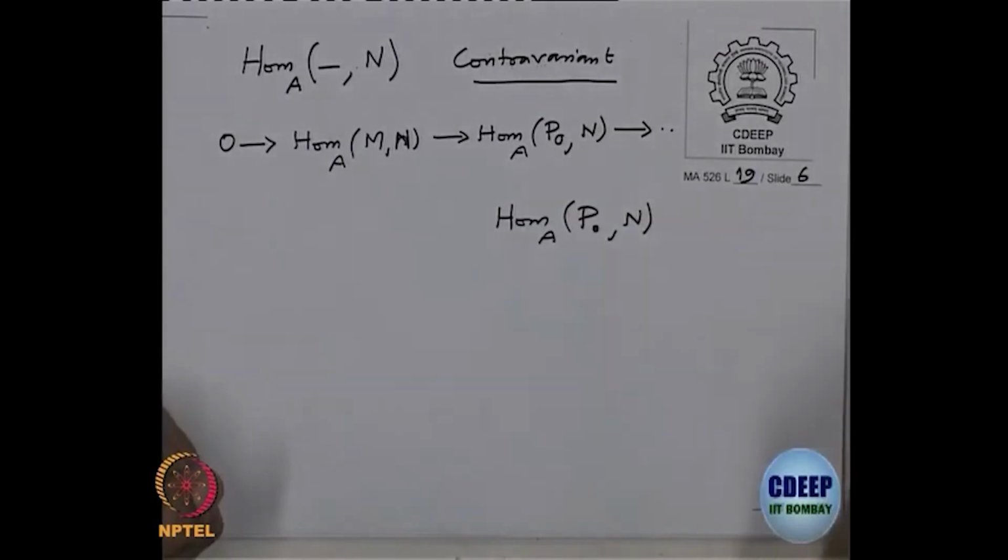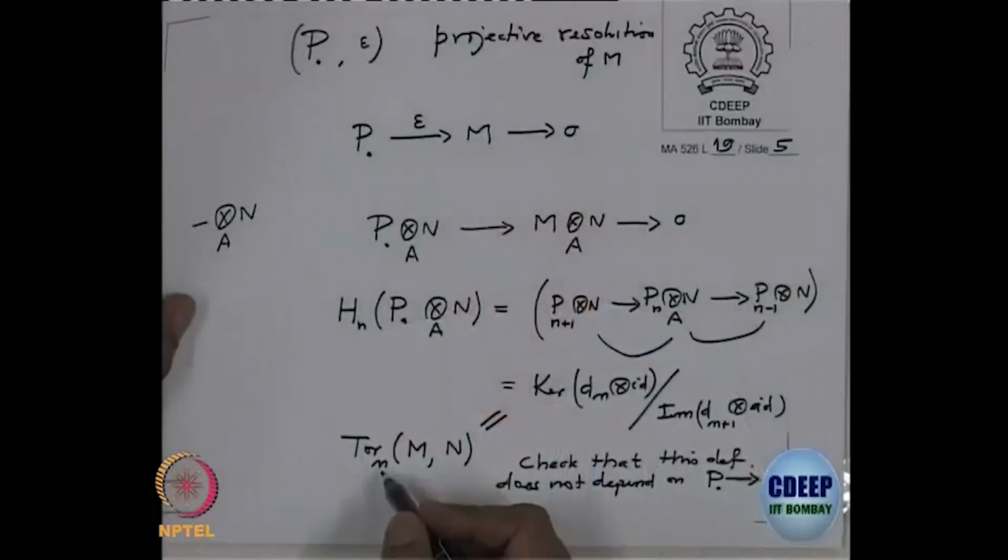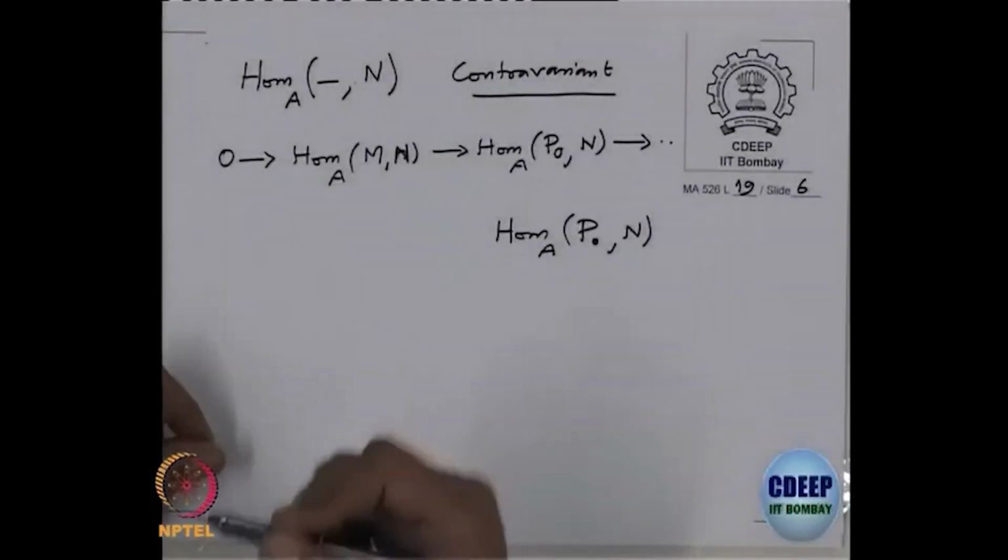homology, but as we said, when it is on one side of the 0, the suffix n is denoted down or up. Like Tor n, I have denoted down. So, in that case I should denote it up.